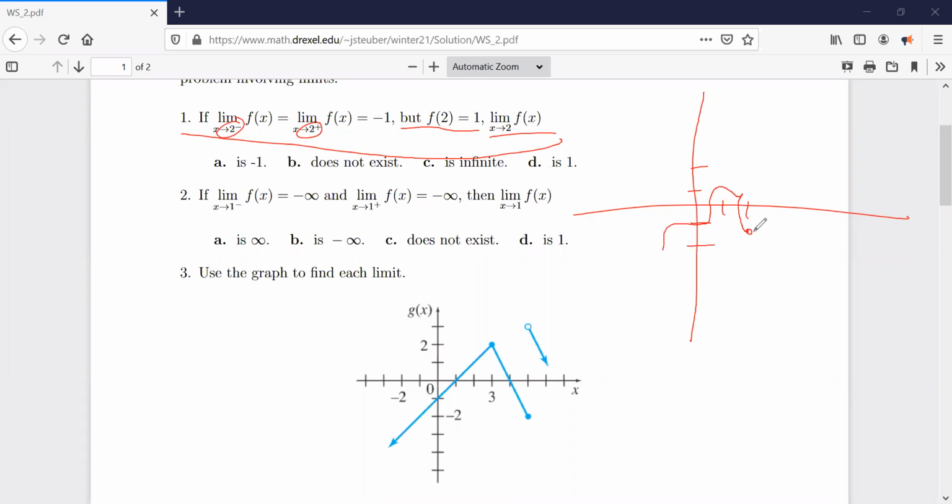And then from the right side, we also have something going on here that approaches 2. And then we have over here, let me just smooth that out. So this is a function that could be described by this. What can I say about the limit of f of x as x approaches 2?